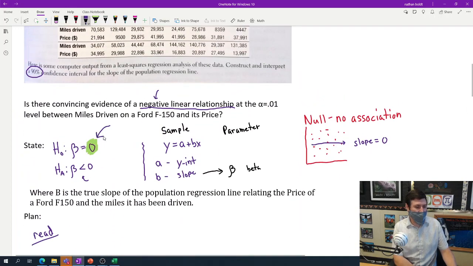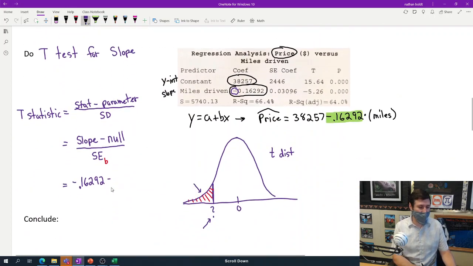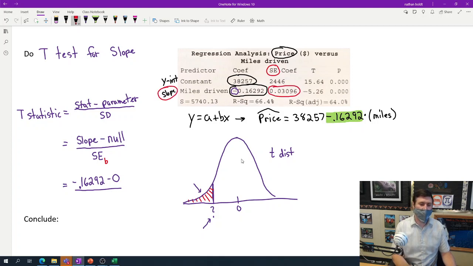The null is that there is no association. The null is that the slope is 0. The standard error for the slope is right here, 0.03096, and you used that in the previous video. Same idea here. So there we've got everything.